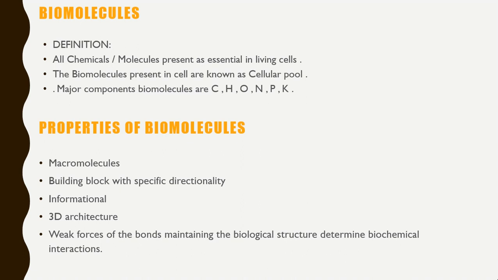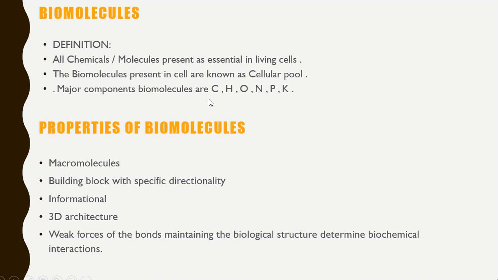The collection, or sum total, of various types of biomolecules in a cell, that means all these biomolecules present in a cell, is referred to as the cellular pool. A biomolecule mainly consists of carbon and hydrogen.